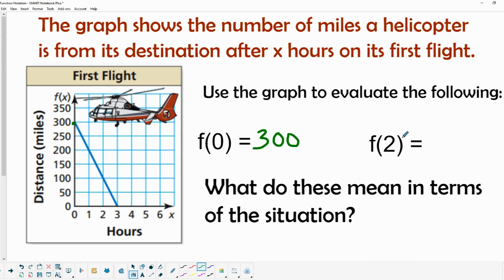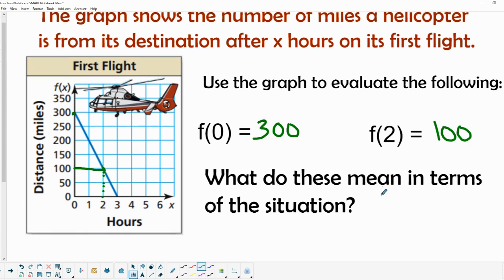So what happens after 2 hours have gone by? Where's it at? After 2 hours, we can see that it's this distance away, which corresponds to 100 miles on the graph. So what does this mean in terms of the situation?